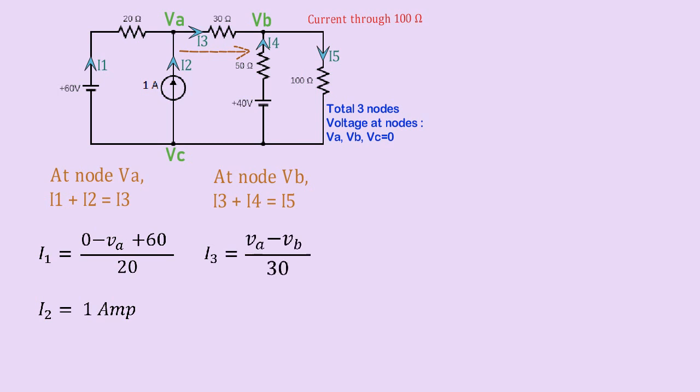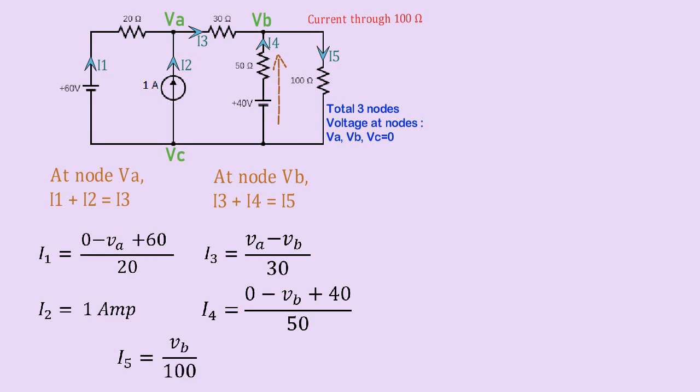Same as I1, I4 is coming from node C to B, with one voltage source and one resistor in the path. Here, current is flowing negative to positive, so the 40 volt battery will act like a voltage riser. Finally, I5 can be found by the ratio of VC to 100 ohms.